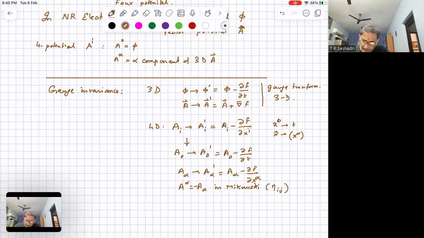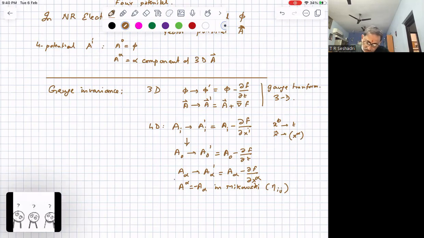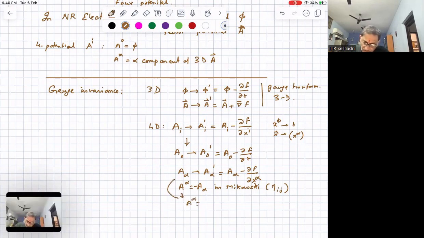You remember I mentioned it last time. So this gives A alpha goes to A alpha prime given by A alpha plus del F by del x alpha. It will become minus everywhere and the minus will cancel out. And I get back the gauge transformation equation. Okay?